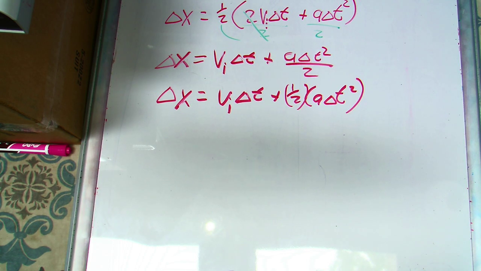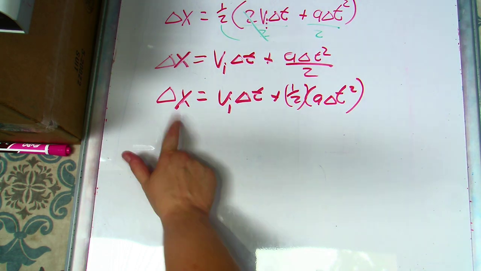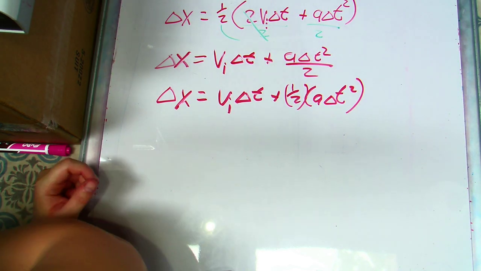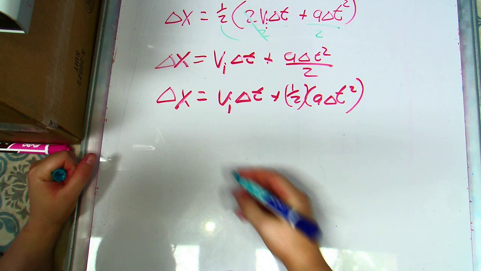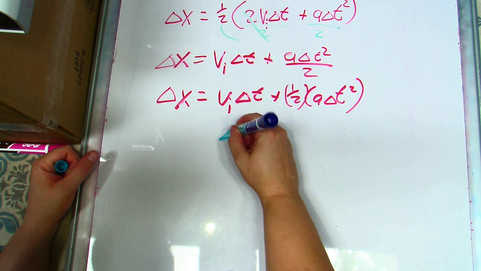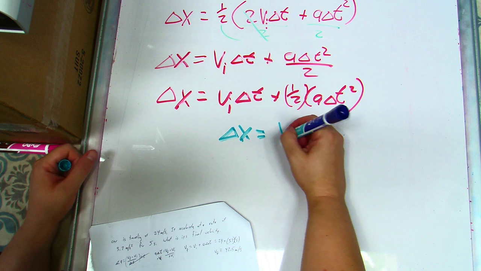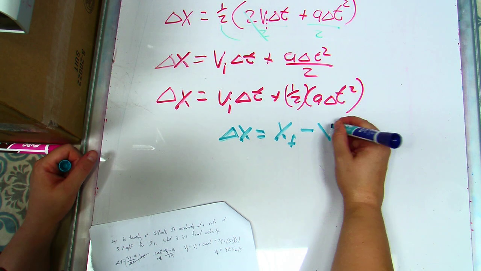Well, I don't see xf anywhere on here, but I do have change in x. And as you remember, hopefully you remember, delta x equals xf minus xi.